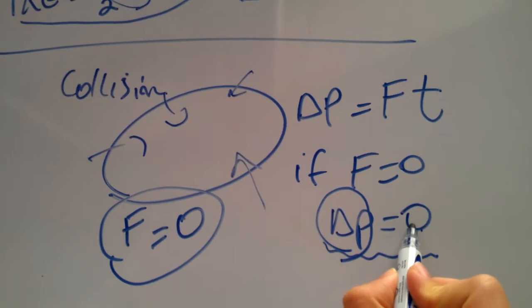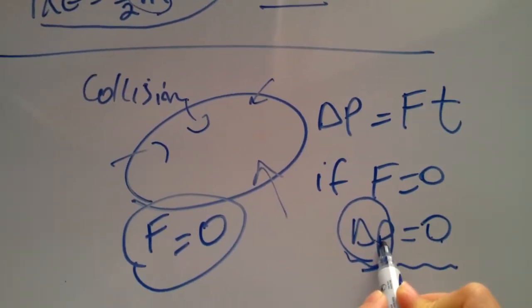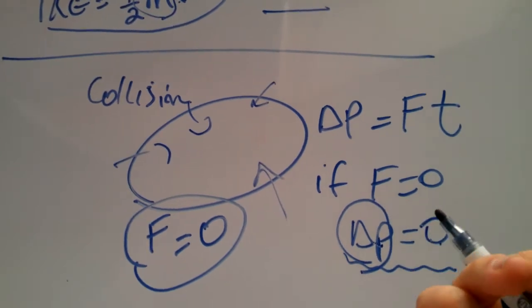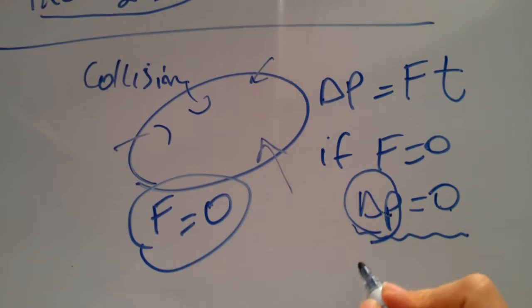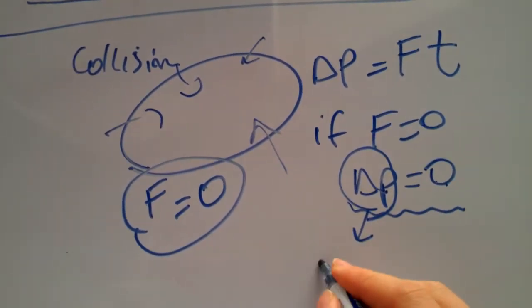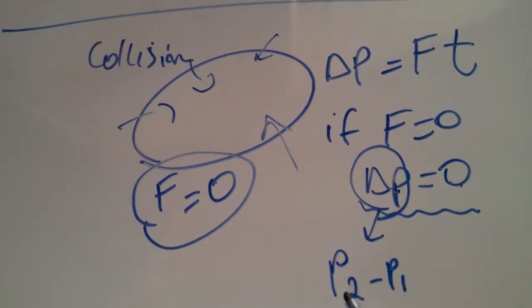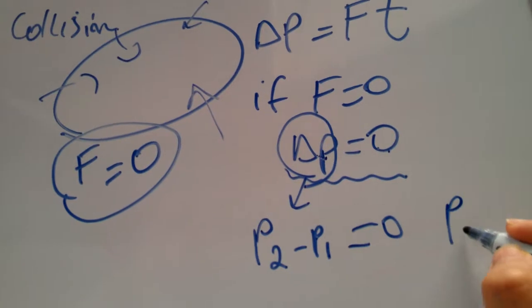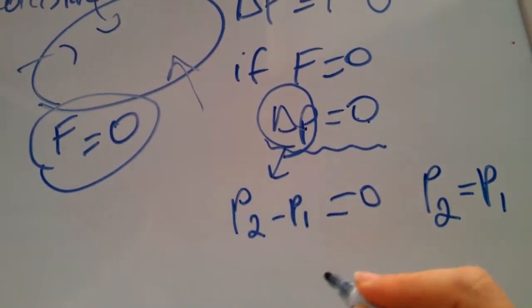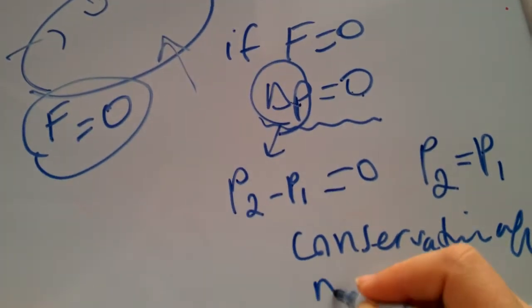Why? Because if you don't change your momentum, that better be a conserved number, right? Delta P, if you open it up, is P2 minus P1. Delta of any quantity is second minus first. And if this is 0, it means that P2 equals P1, and that was conservation of momentum.